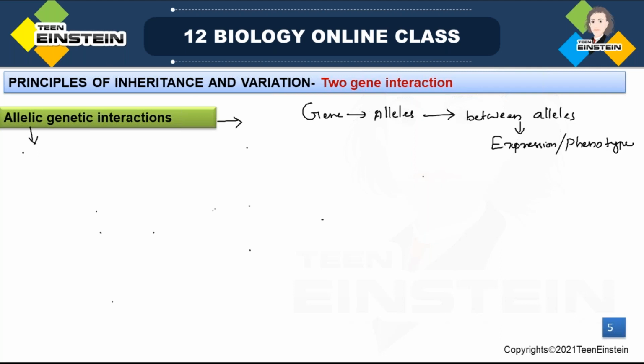So here, in incomplete dominance, let us take that example. We have learned about incomplete dominance. In this, one allele is not completely suppressing the other allele. The dominance is incomplete here.